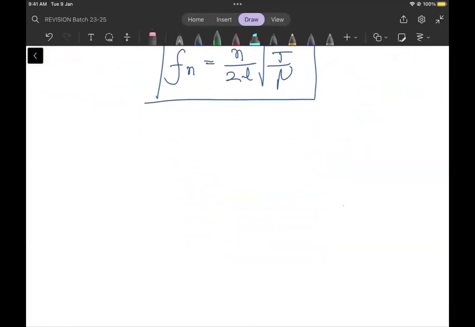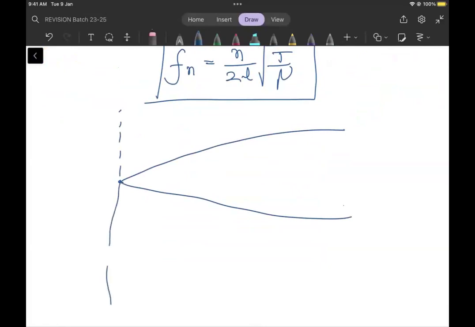You can also have a string which is fixed at one end and free at the other. In this case, this would be how the fundamental vibration of that string would look. मैंने ये डायग्राम हॉरिजॉन्टल बना के रखा है, लेकिन अगर ये डायग्राम वर्टिकल होता तो शायद ज्यादा पैलेटेबल होता.